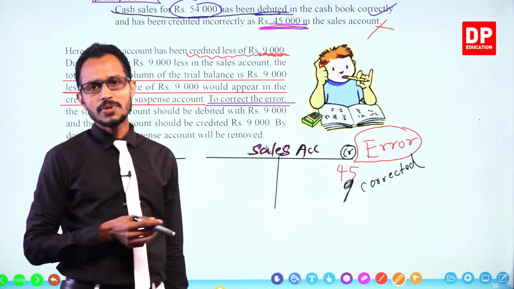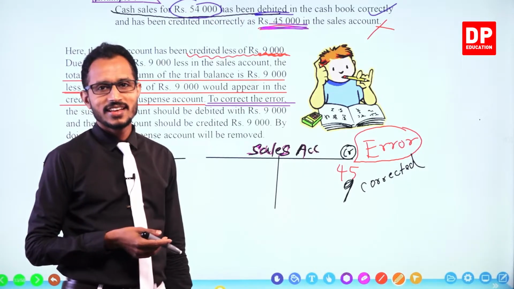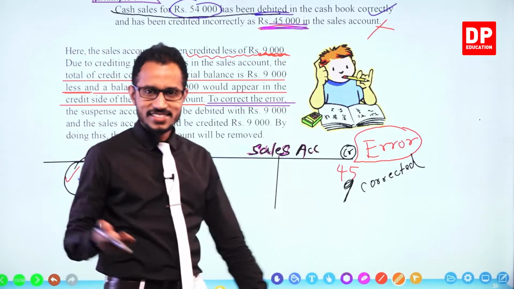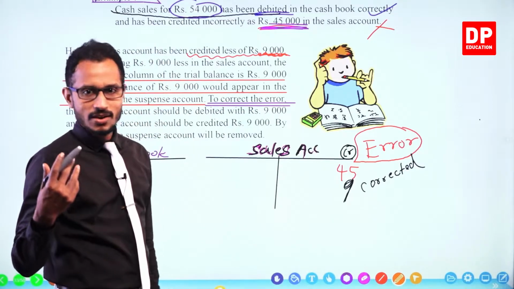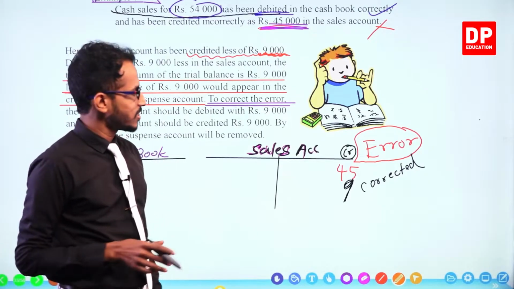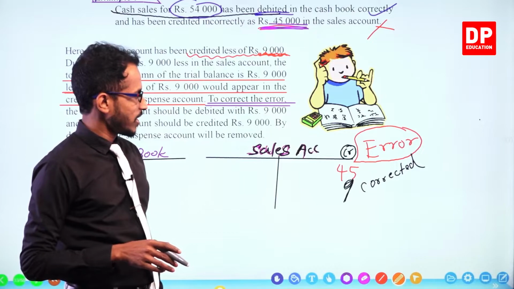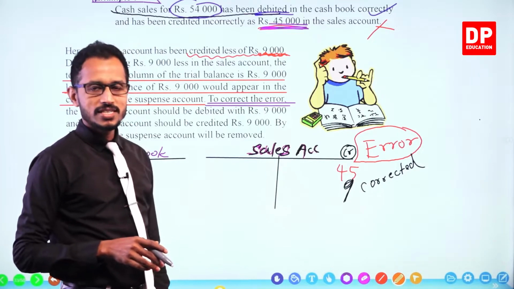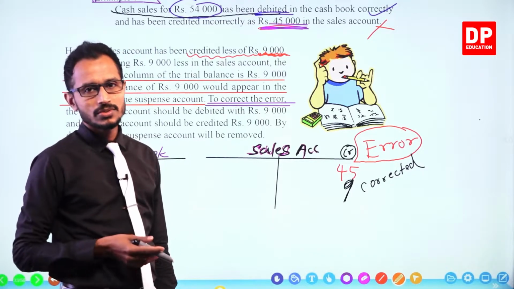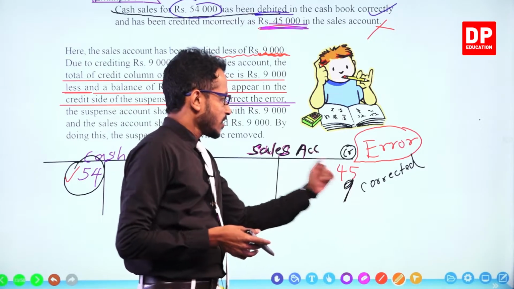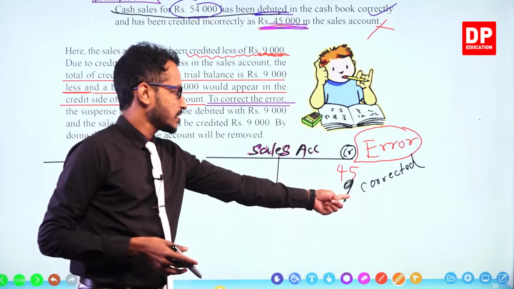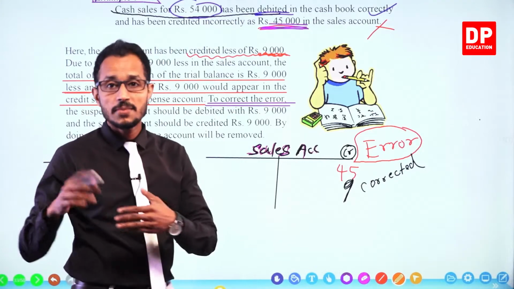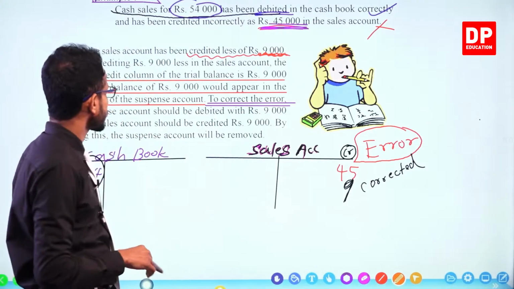To the suspense account. That's what I have been explaining so far. The suspense account is the next account, right? Sales account credit 9,000, suspense account debit 9,000.